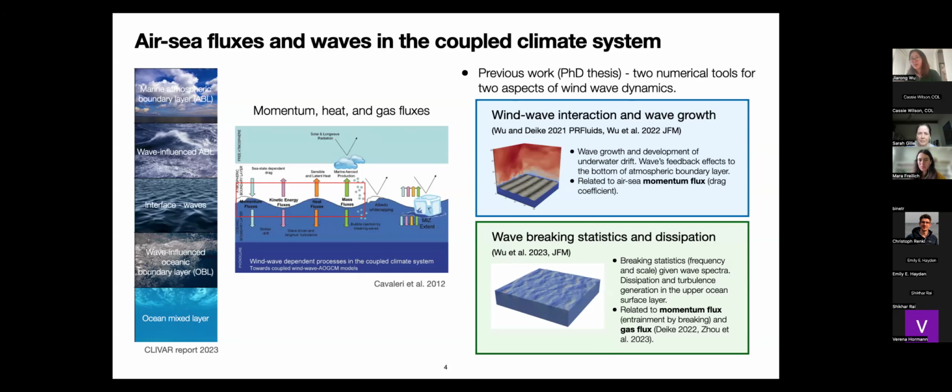This is also related to momentum flux, but more in the sense that there is momentum entrainment by wave breaking into the upper ocean. And also gas flux, because this kind of breaking distribution is related to whitecaps.